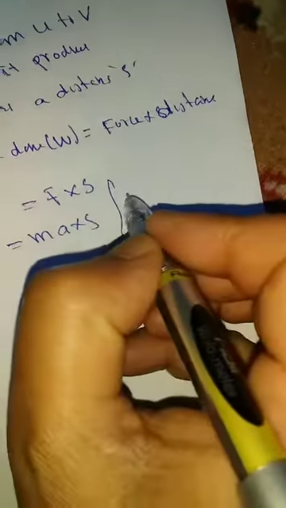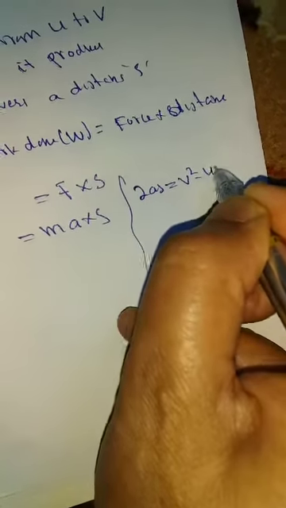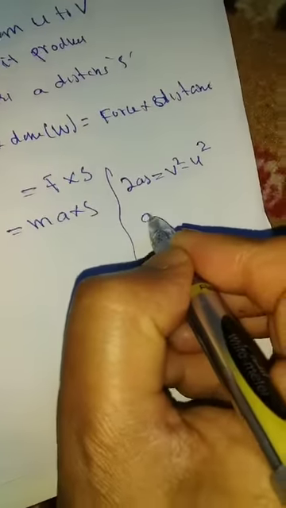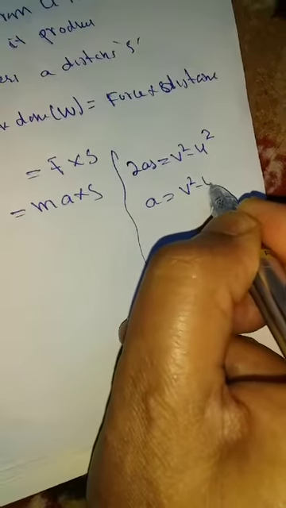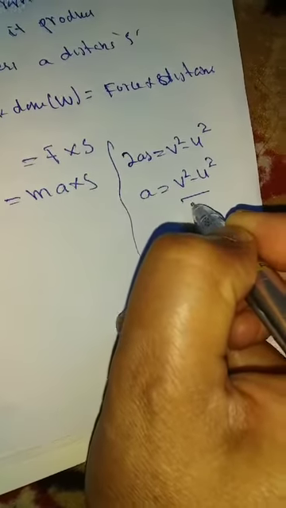From the third kinematic equation of motion, we know that 2as is equal to v square minus u square. That means acceleration is equal to v square minus u square divided by 2s.